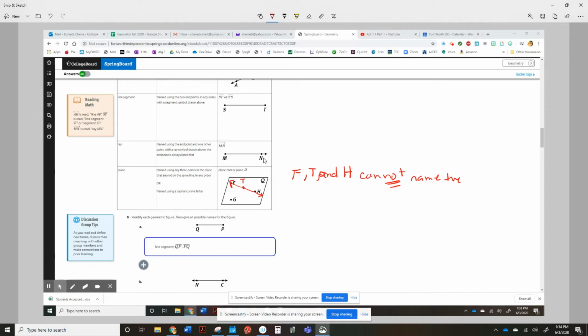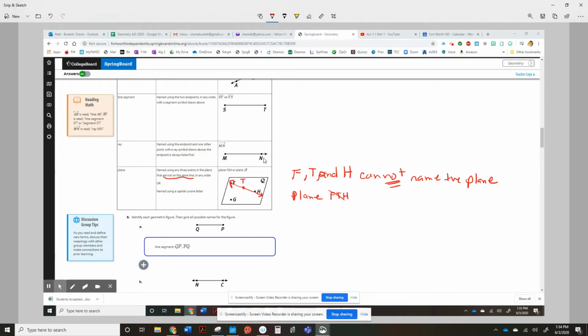And the reason they cannot name the plane is because those three dots are in a straight line. It says right there that the three dots are not on the same line. Okay. So that's why you'll always see them kind of spread out, to form a triangle. So your dots must not be in a straight line. And so when it comes time to answering questions, you have to be careful, because a lot of times students will write, oh yeah, this is plane FTH.